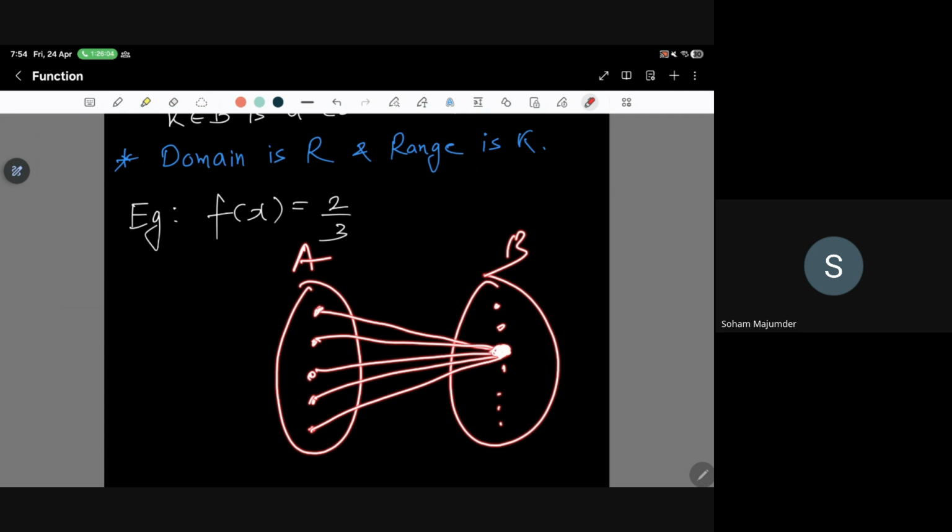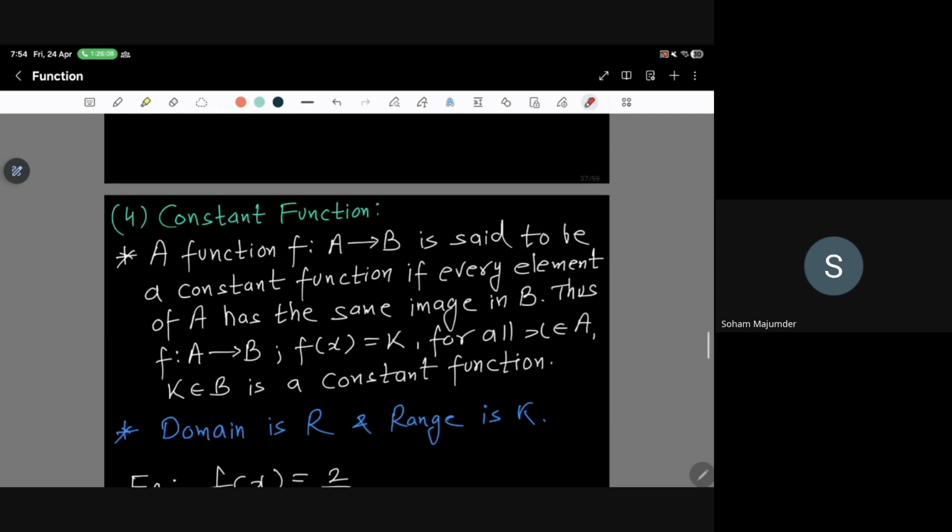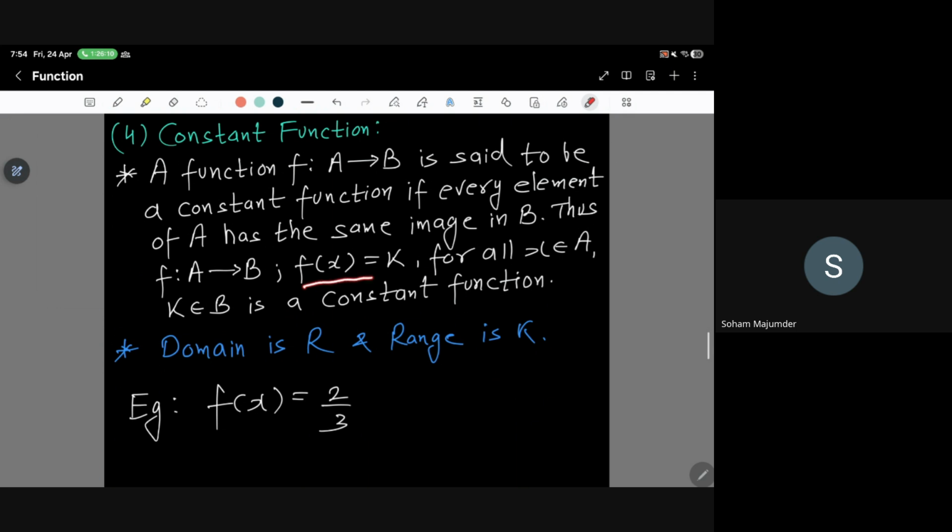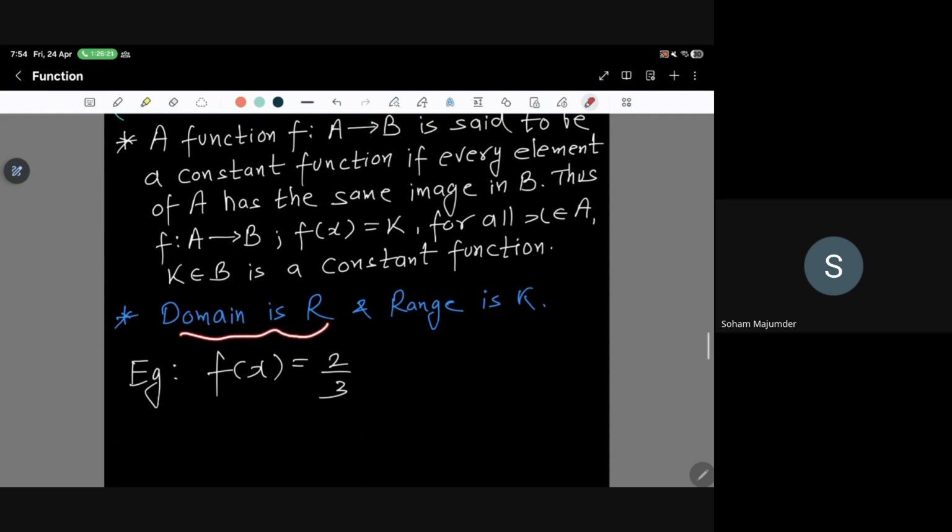So no matter what you put from here, you always get the same output. So that is the constant function. It is represented like this: for all x belonging to the domain set A, f of x equals k, where k belongs to the codomain. So the domain is all real numbers for this kind of function, and the range is this particular number, no matter what you choose.